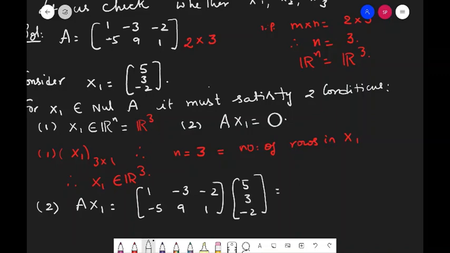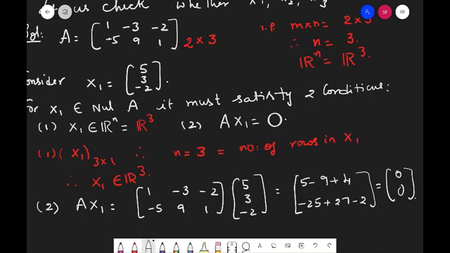Let us multiply. So 5, first row first column, minus 9 plus 4, and then minus 25 plus 27 minus 2, which is equal to 0, 0. Therefore we have Ax1 is equal to 0.